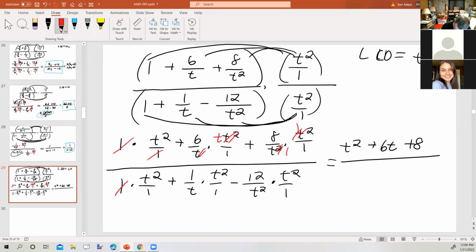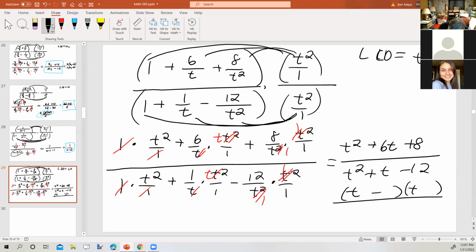In the denominator, the ones reduced down, so we've just got t squared. T squared over t is t, so we've got plus t. And then t squared over t squared is 1 over 1 minus 12. Okay. Well, let's see if we can factor that any further. In the numerator, t plus 2, t plus 4.